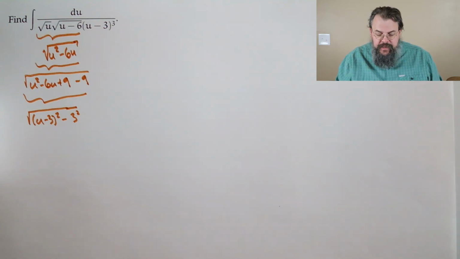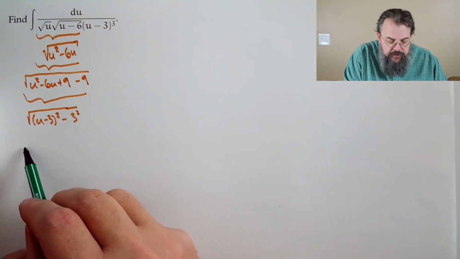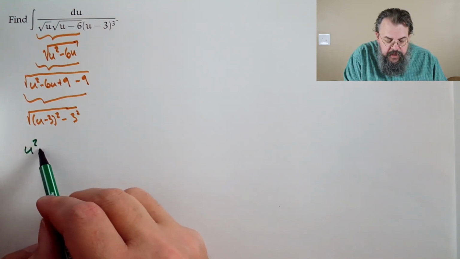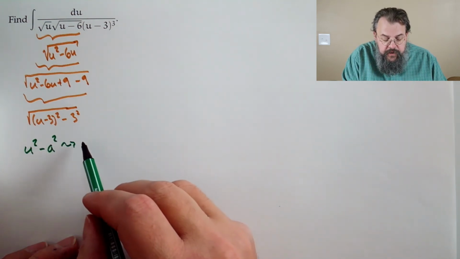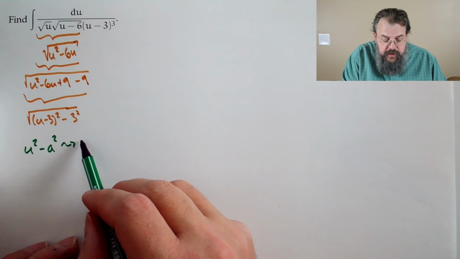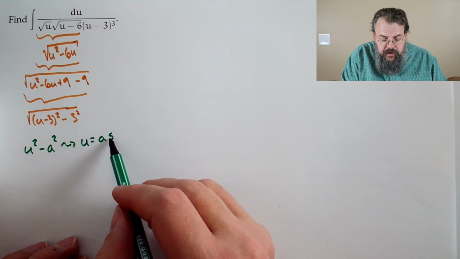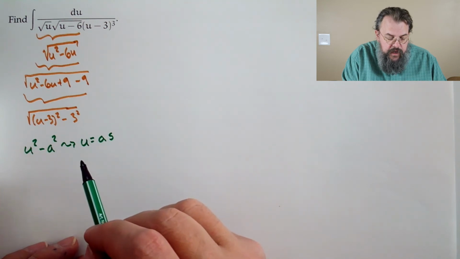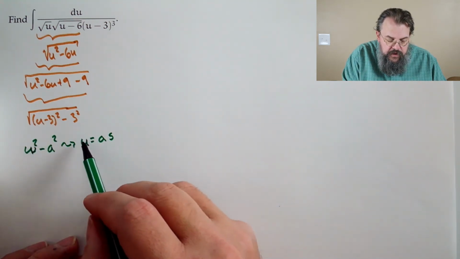All right, well, let's figure out what our pieces are going to become. So this is of the form variable squared minus number squared. And when we see that, the right substitution to make is u equals a secant theta. We're already using u's. Okay, well, I'll make w's, right?